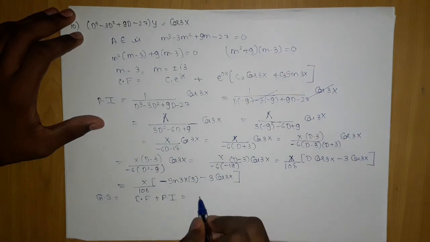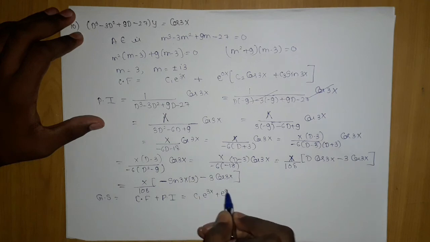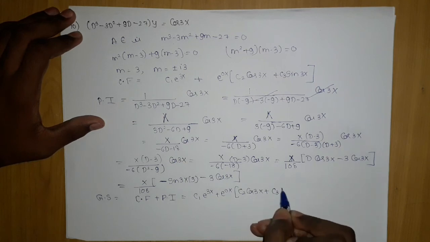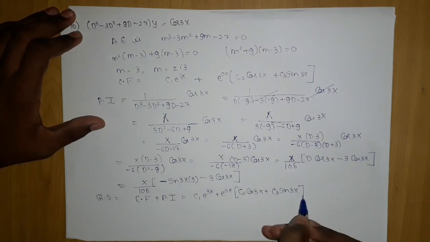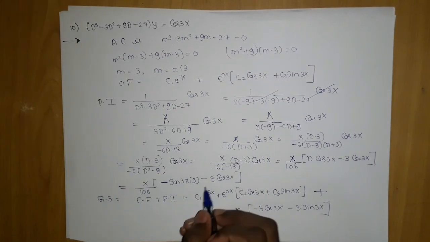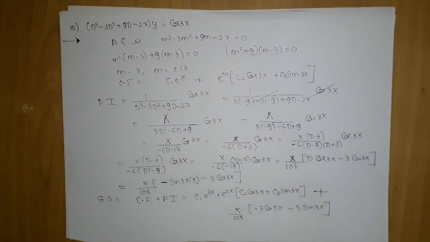The complementary function is this: c1 e to the power 3x plus e to the power 0x bracket c2 cos 3x plus c3 sin 3x, and the particular integral has this as answer: x by 108 bracket minus 3 sin 3x minus 3 cos 3x. So this is our general solution, which is needed as the solution of this problem.